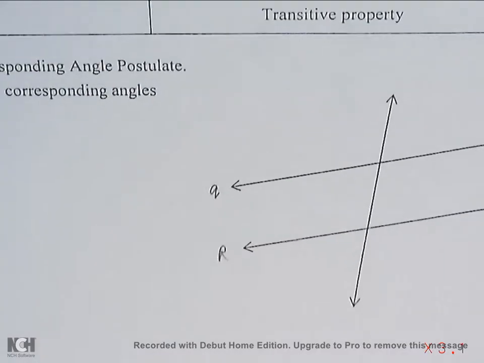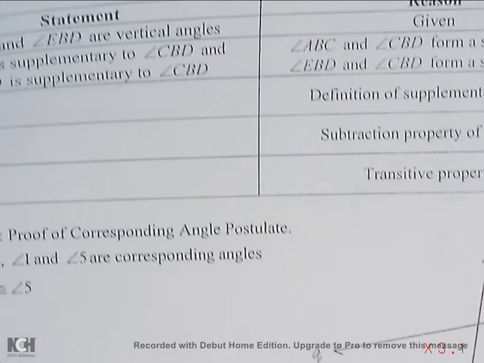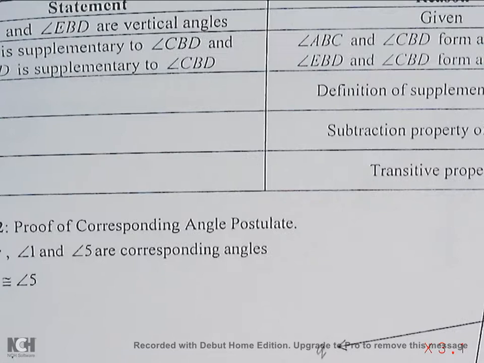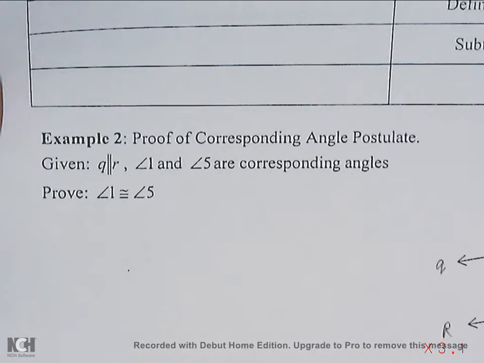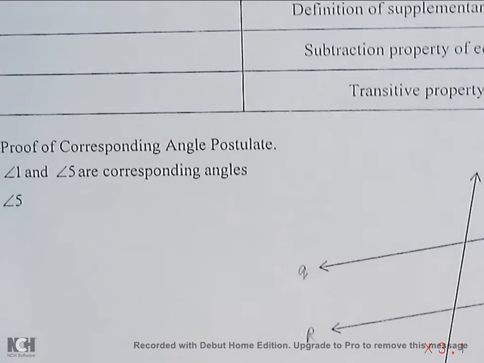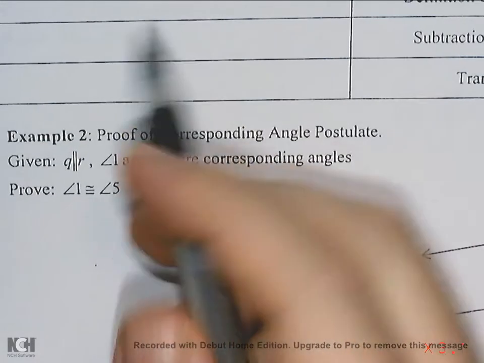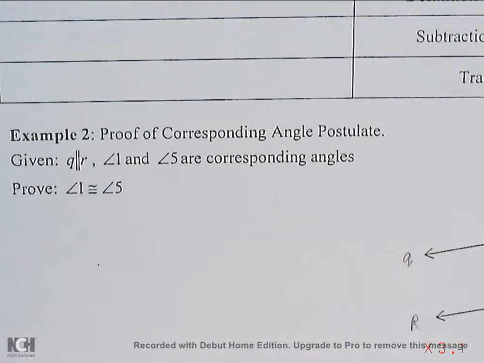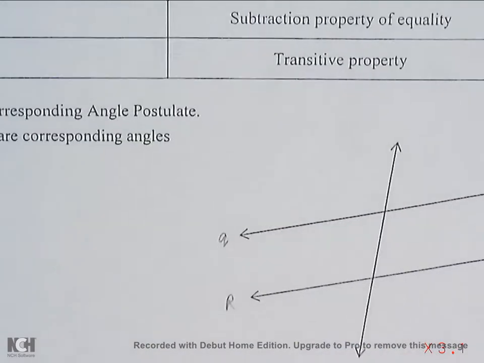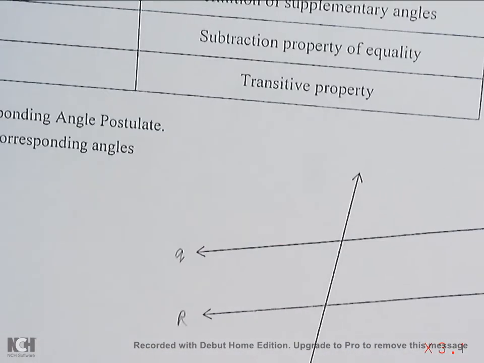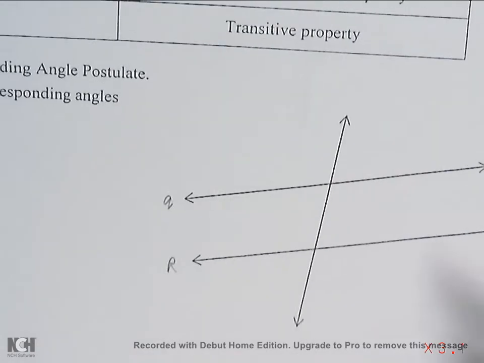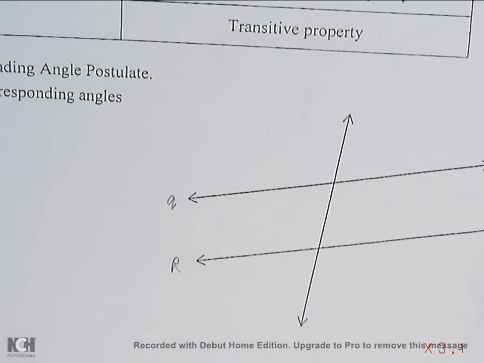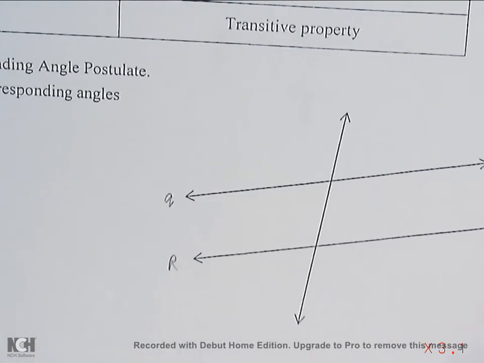So basically that those lines are parallel, and the angles 1 and 5 are corresponding angles. And it wants me to prove 1 and 5 are equal to each other, or congruent. We're going to be using the congruent symbol a lot, which is just an extra little curvy line, right? So I know that these lines are parallel. I know that 1 and 5 are corresponding angles.